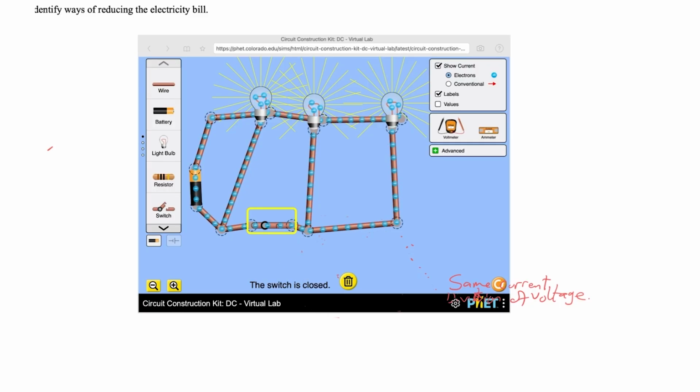First, there are multiple paths of current, showing that current is divided through these electrical components. Secondly, the voltage under the first bulb, the second bulb, and the third bulb will all be the same, unlike for series connection where we said the voltage is different.